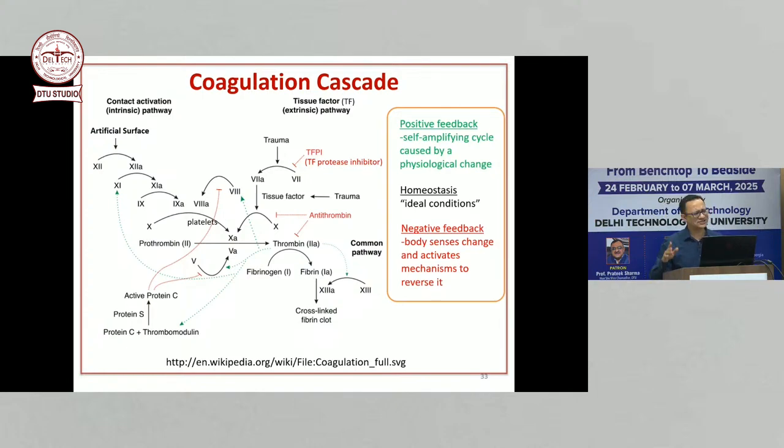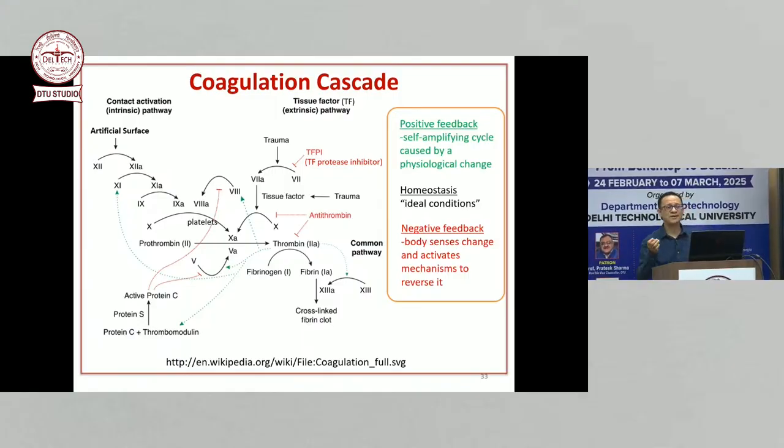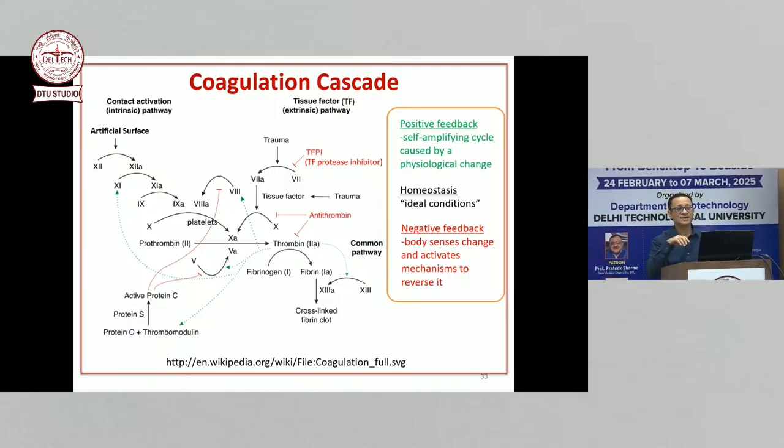Very common anticoagulant that we have heard about. Heparin, right? How does heparin work? Heparin binds to antithrombin, and when heparin binds to antithrombin, antithrombin becomes even more attracted to thrombin and binds more easily to thrombin.